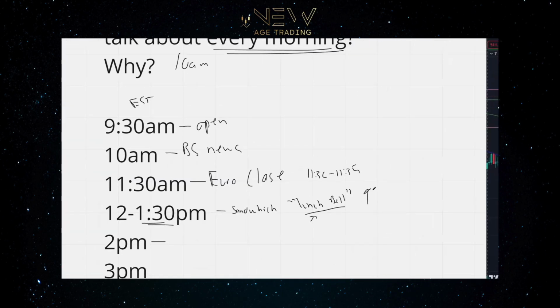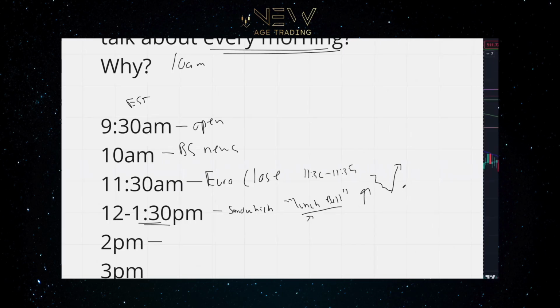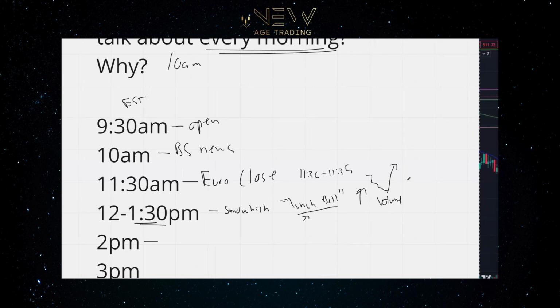It's a money glitch. Price will trickle down, and then 1:30 comes and it'll go back up, or go back down if it's a bear trend day. Volume comes back before traders come back and start selling or buying things. That's what you need to understand. It's literally a money glitch.